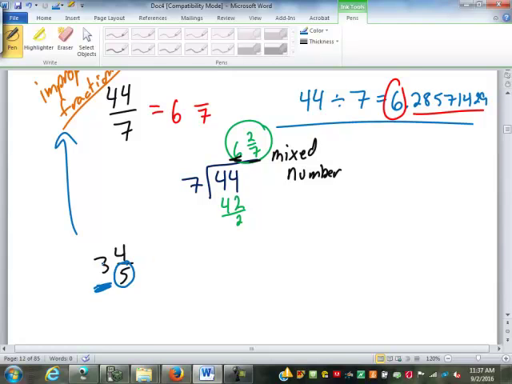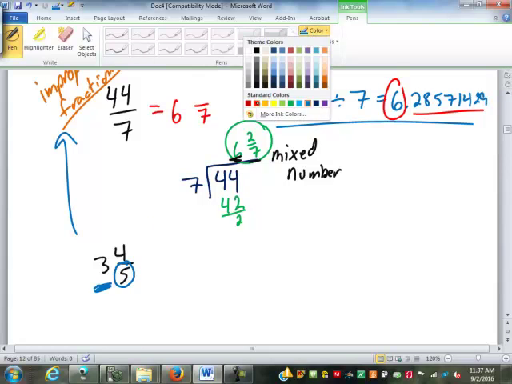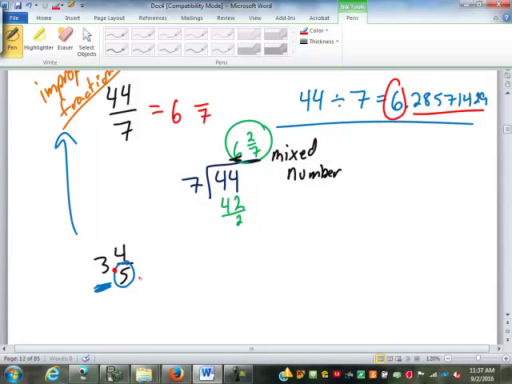So that 3 whole objects, we break it up into 5 pieces each. So in other words, we take 3 times 5, which is how much? 15. So that makes 15 pieces. We already had 4 pieces here. So we're going to add that 15 to our 4, get 19 fifths.